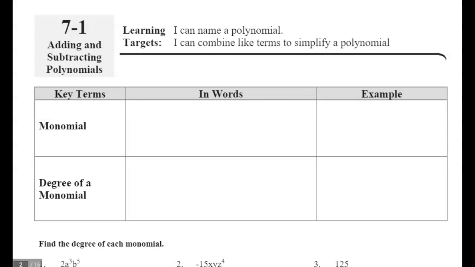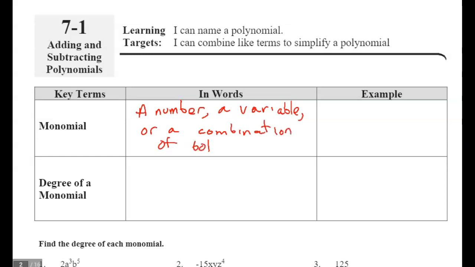So a monomial is a number, a variable, or a combination of both.